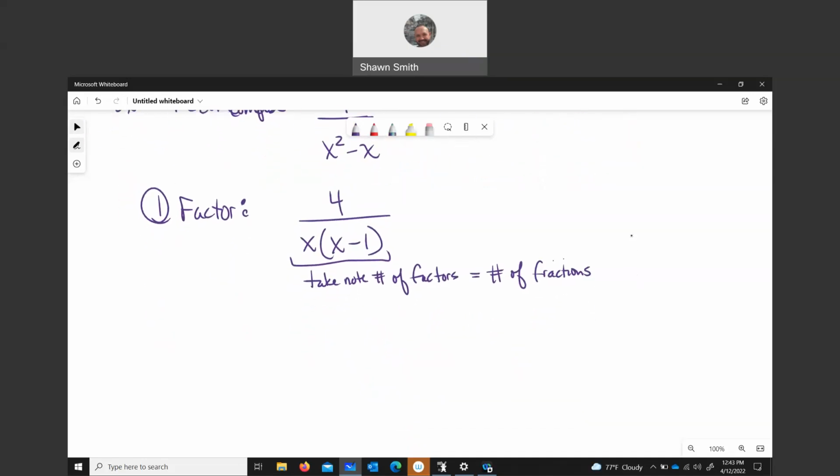They're linear. So I'm going to rewrite 4 over x times x minus 1 as two fractions added together. And I want the two fractions' denominators to form the least common denominator that is right here.